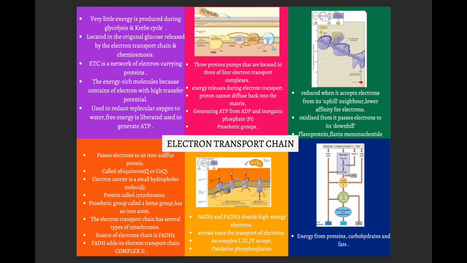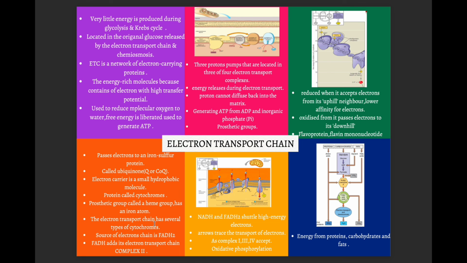This electron carrier is a small hydrophobic molecule. And then there are proteins called cytochromes. The next point is the prosthetic group called a heme group, which has an iron atom that accepts and donates electrons.